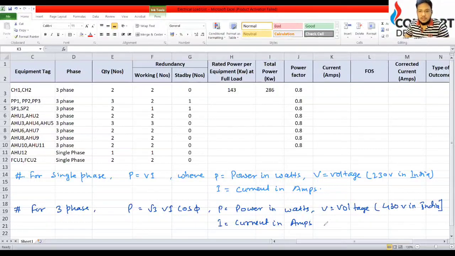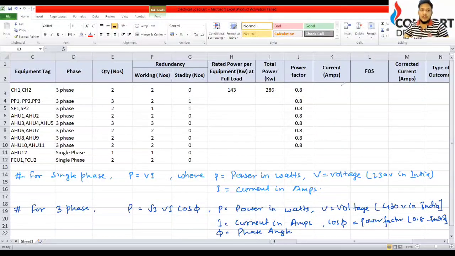Cos phi is your power factor, and its value is 0.8 for India. And phi is the phase angle.